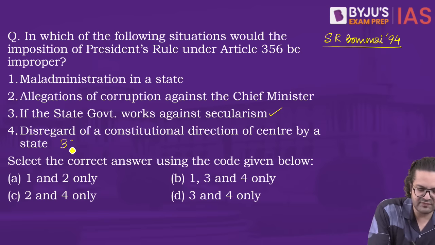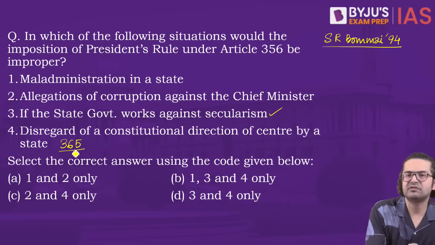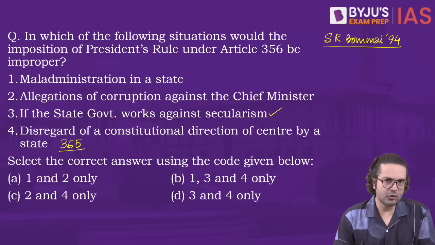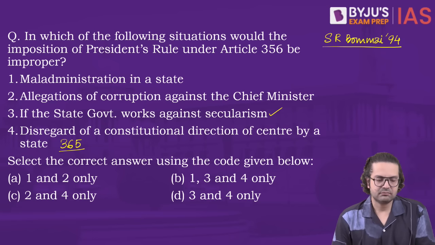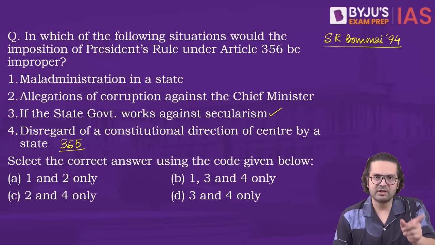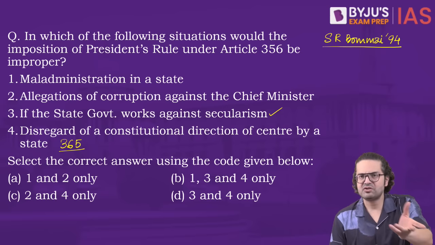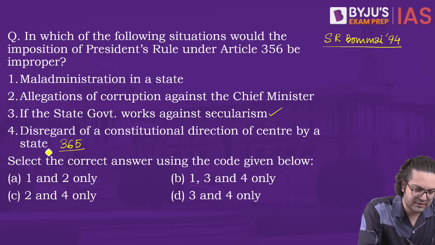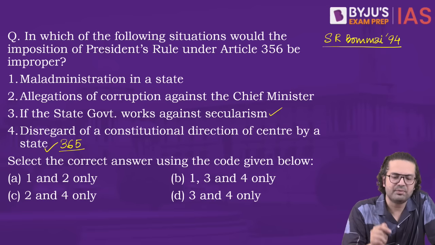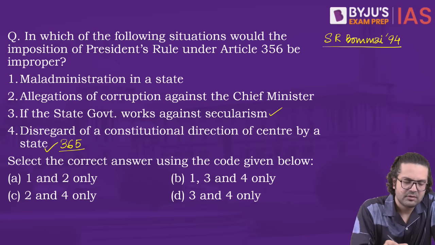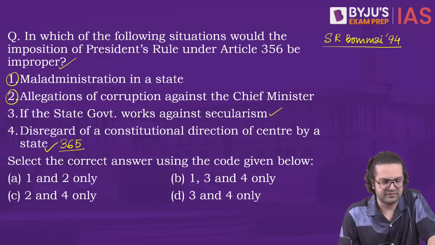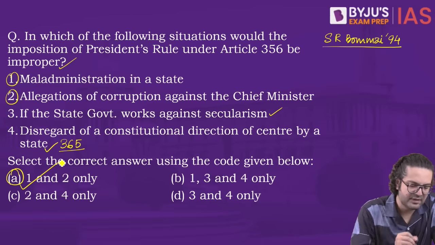And what is 365? If the center gives a direction to the state on a central topic and the state does not follow it, then the center can conclude that the government in the state is not being carried on in accordance with the provisions of the constitution, which could amount to President's rule. So yes, in these two cases, yes. Otherwise, all other reasons will be improper reasons to impose President's rule. 1 and 2 are improper reasons. Right answer is A, 1 and 2 only.